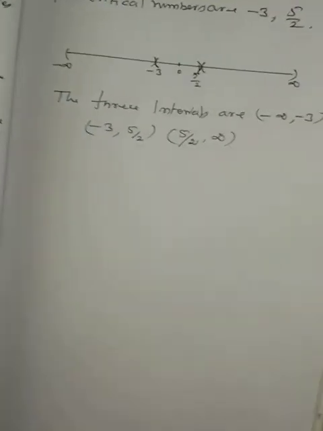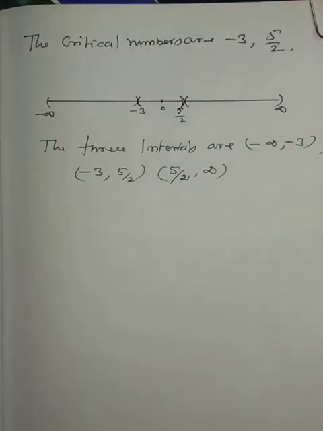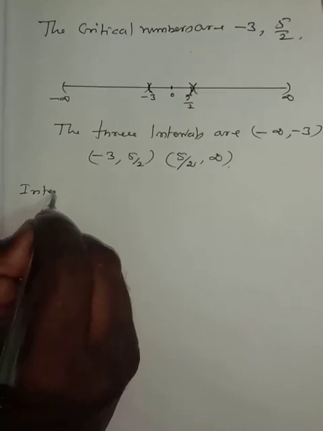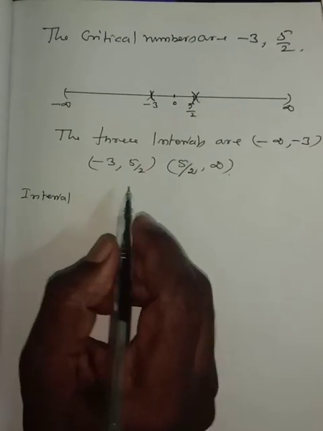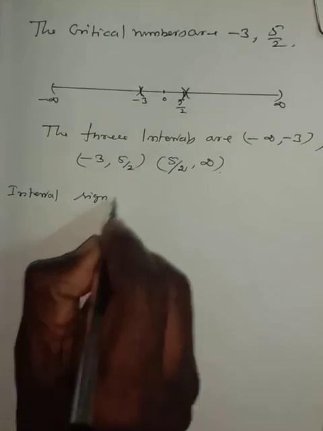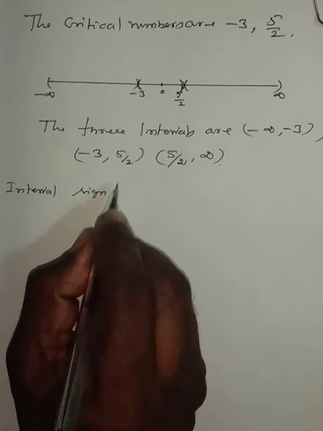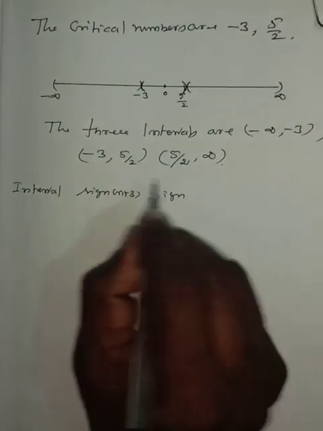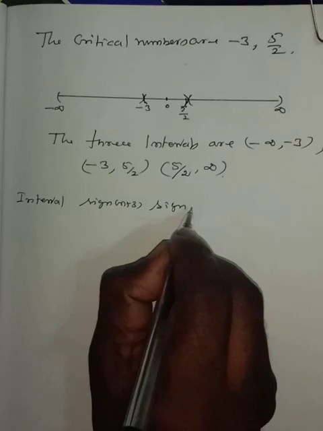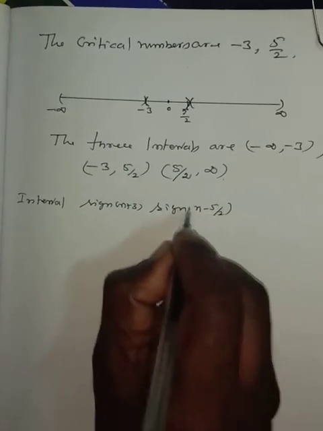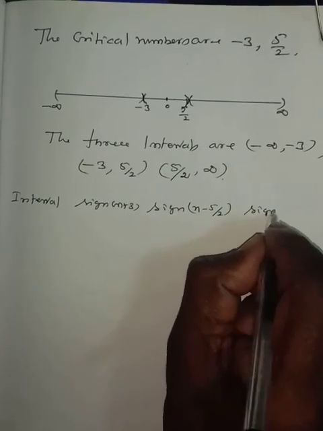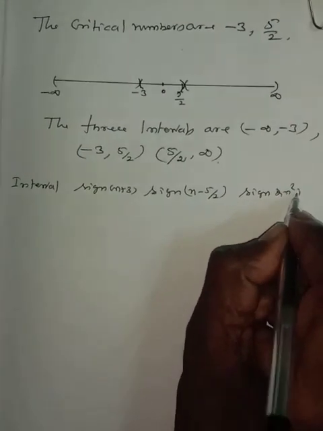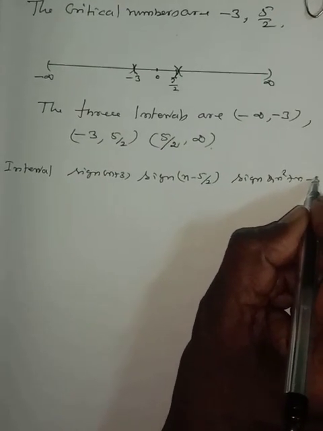Next, find the change of sign. For each interval, we find the sign of x + 3, the sign of x − 5/2, and the sign of the expression 2x² + x − 15.